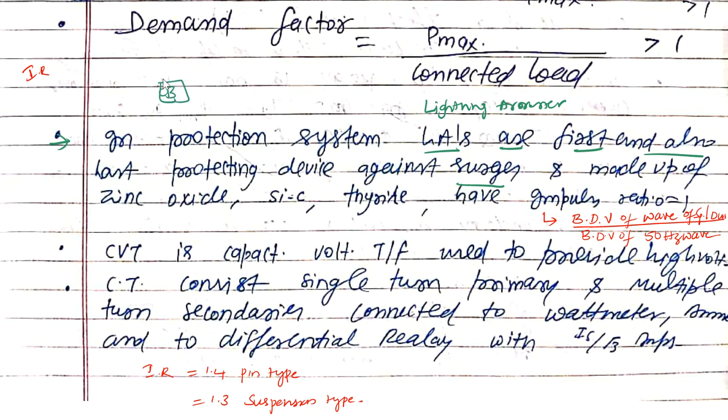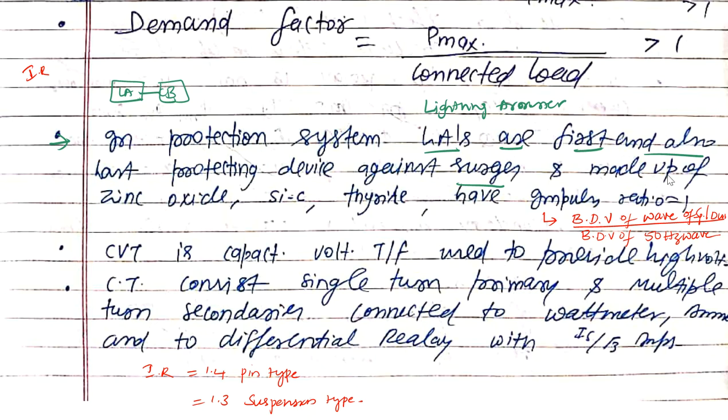Generally in distribution substations, the lightning arrestors will be placed there itself. On the other side of the substation there are incoming and outgoing feeders, and the feeders are also connected with lightning arrestors nearby. It is used to give protection against surge strokes.